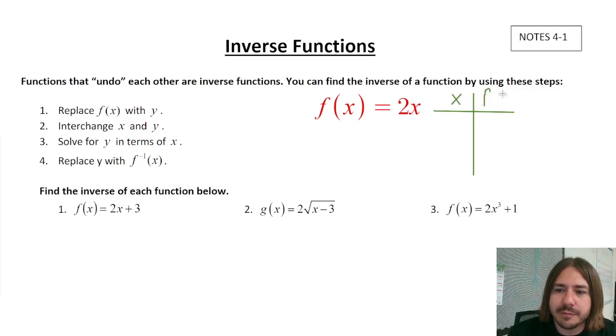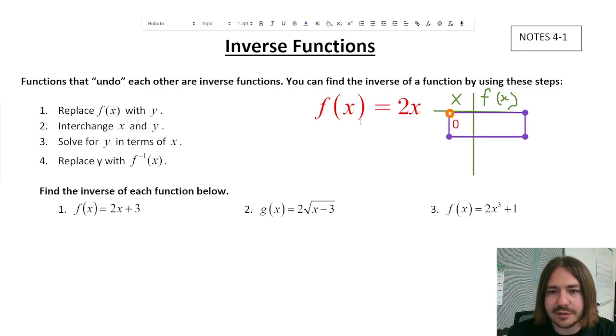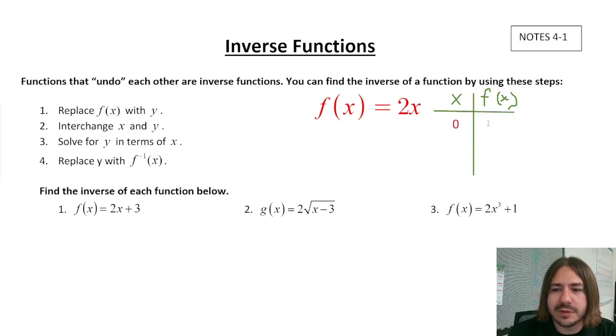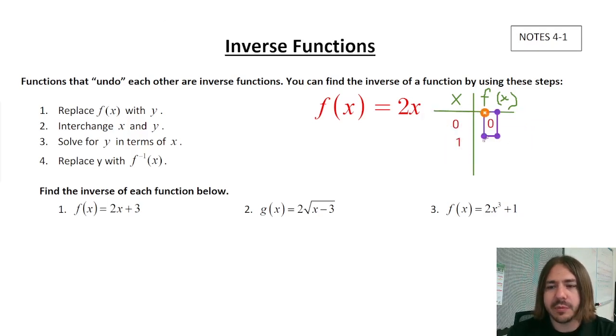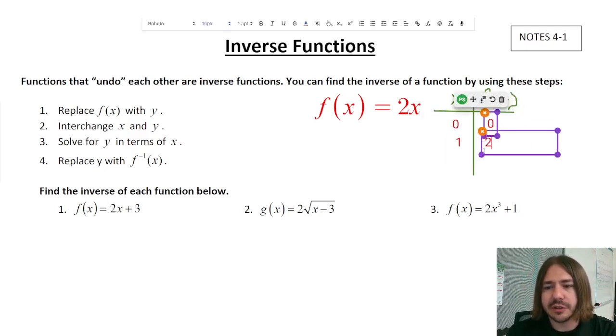For example, if you input 0 into this function, if I double that, my output would just be 0. If I use 1 as my input, then my output would be 2, because 2 times 1 is 2.